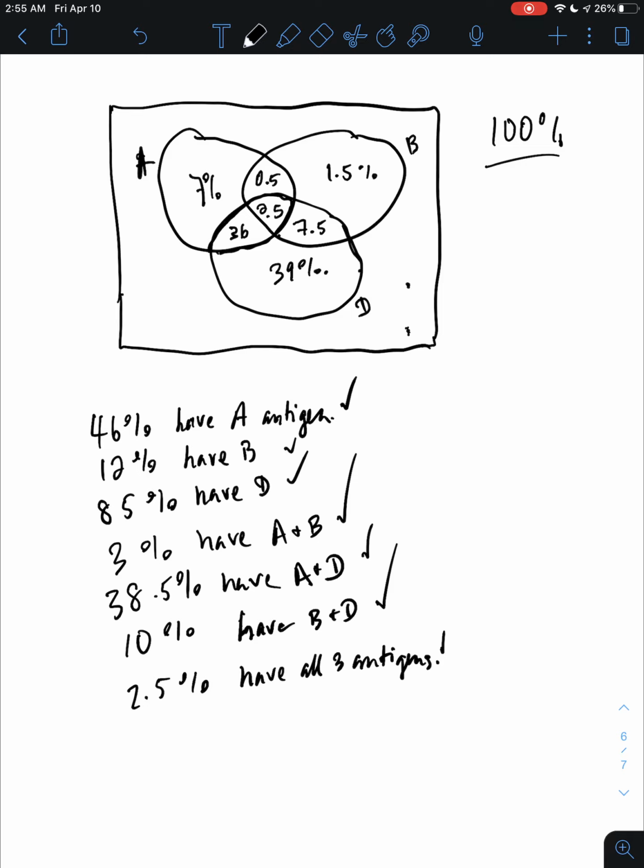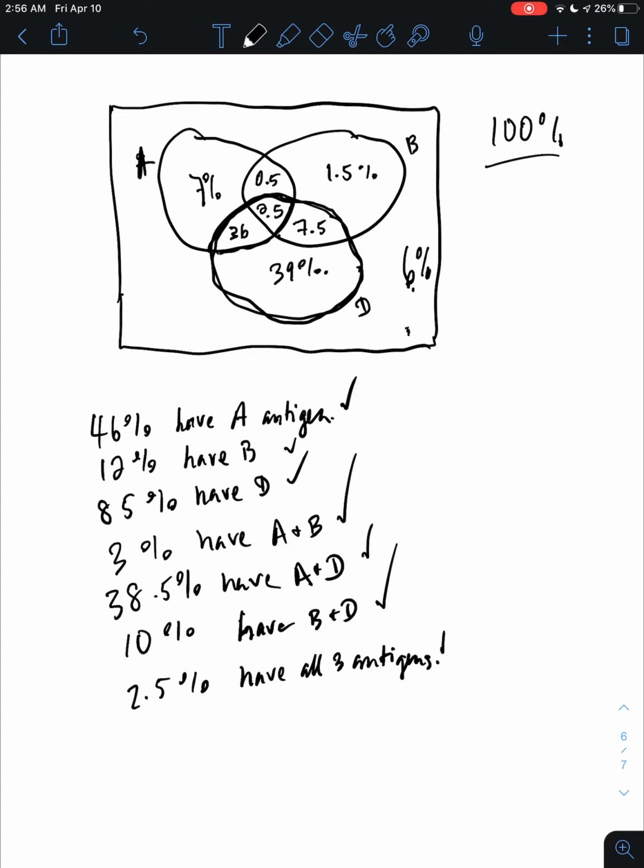Yes, 85 in this D circle. And there's 2 more here, so that's 87 plus 7 more is 94. So that would put this number out here at 6%. I hope I did all the arithmetic correctly.